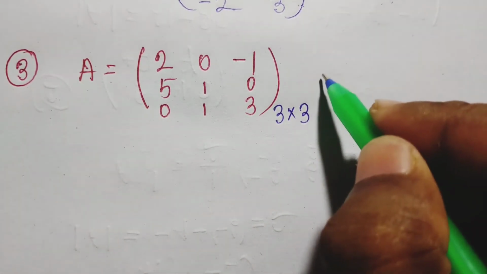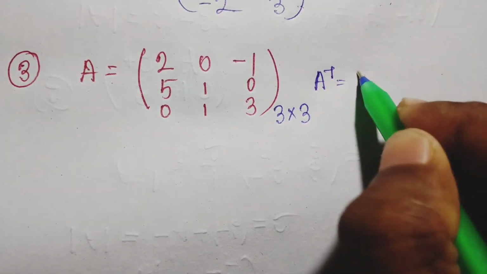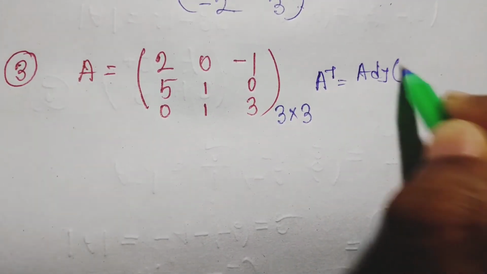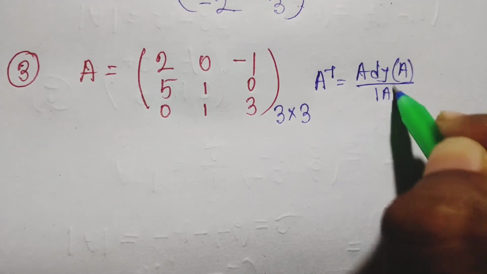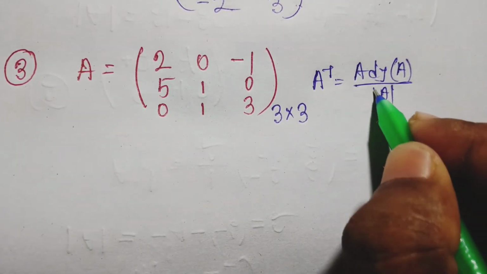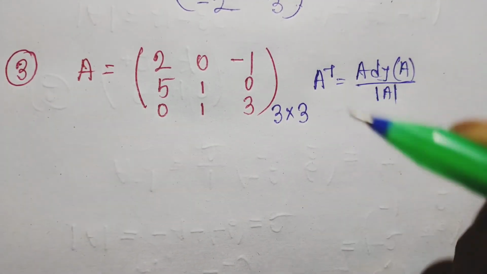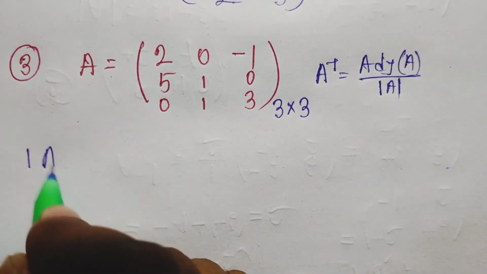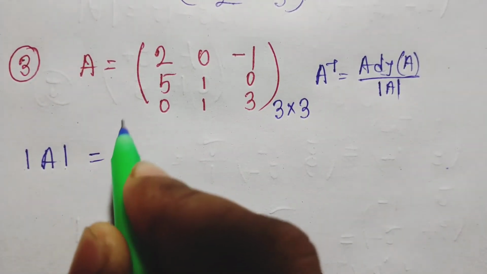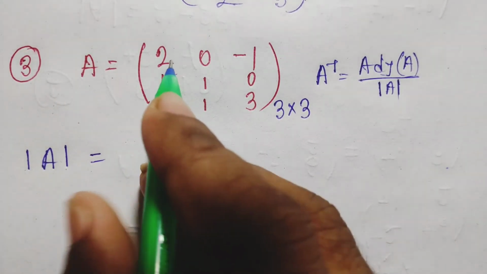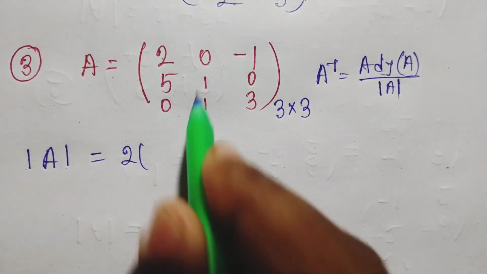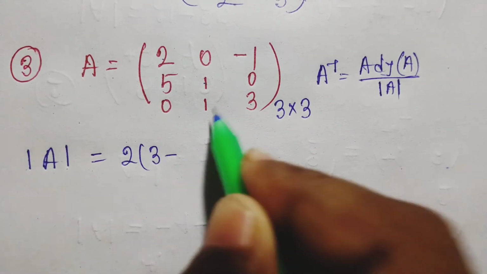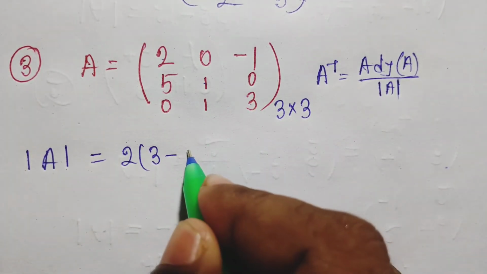Now we know the formula, A inverse equal to adjoint A by det A. Also you can find the adjoint A easily. Now at first we have to find det A. We know the process for finding the determinant. So here 2 into 3 ones are 3 minus 1 0 are 0.